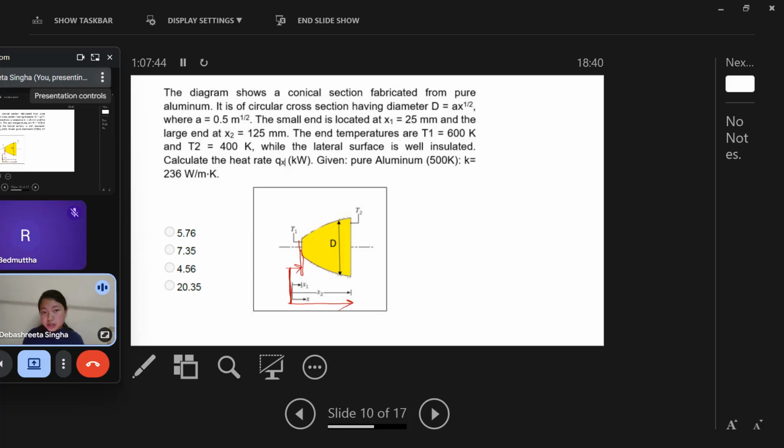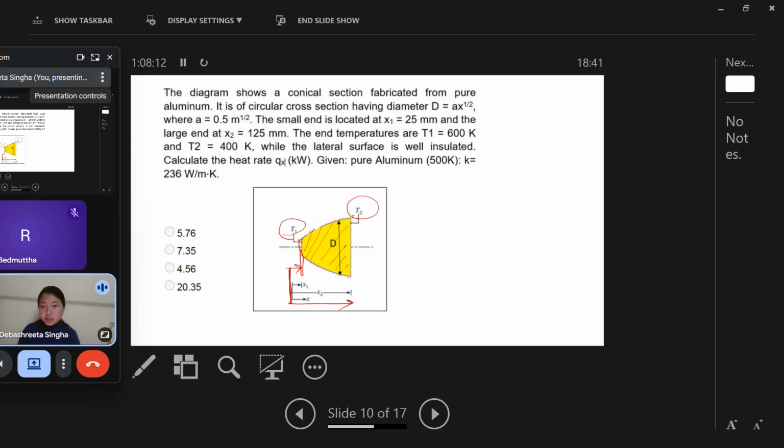The end temperatures are T1 for the smaller area and T2 for the larger area, which are 400 and 600 Kelvin respectively. And the lateral surface is well insulated. Lateral surface means the surface shown here; this is insulated.